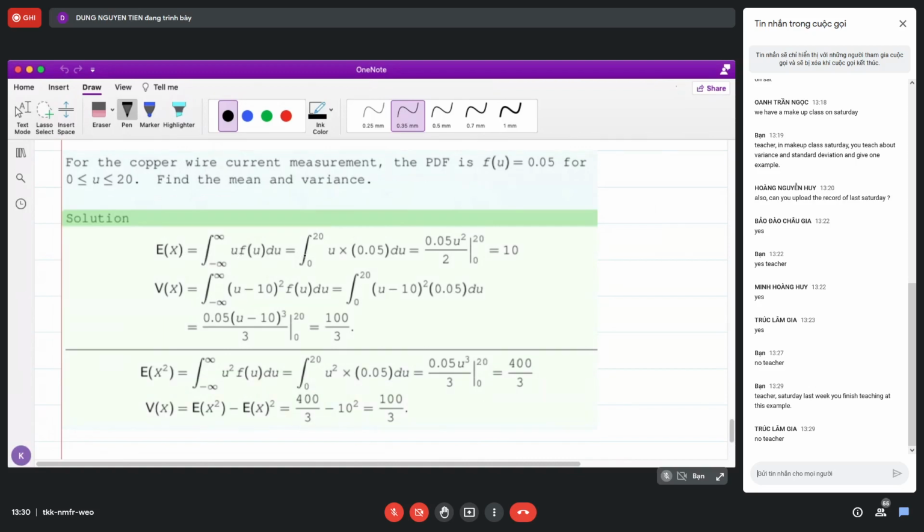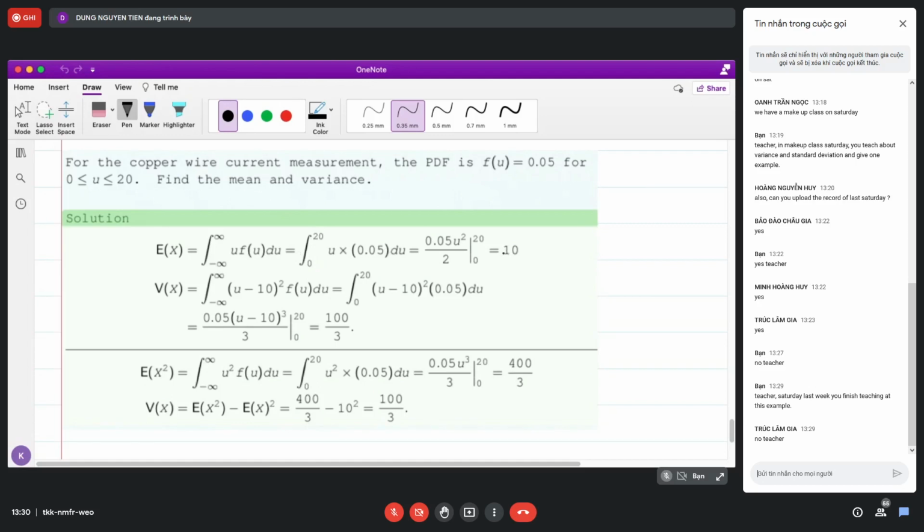That would be the integral from 0 to 20 of u times 0.05, because the function is non-zero within the interval 0 to 20, and it is 0 outside the interval. That's why you only need to integrate from 0 to 20. Within the interval 0 to 20, f of u is 0.05. Altogether, you can find the mean value, which is 10.